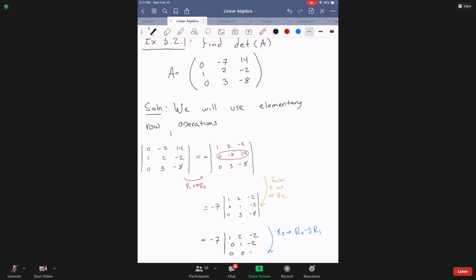Then it should be a minus 2, I believe. Yeah. Okay. So now how do I find the determinant of this matrix? Well, it's triangular, right? So I just take the product. So now it's just going to equal minus 7 times 1 times 1 times minus 2, which should give me 14, right?